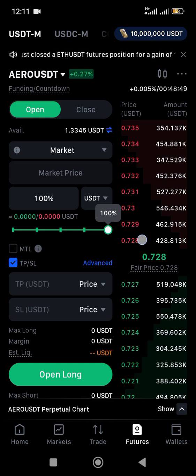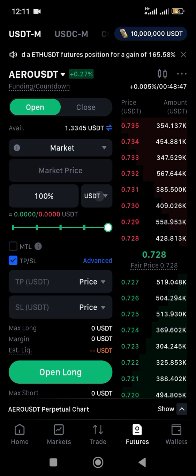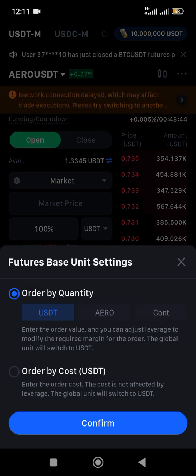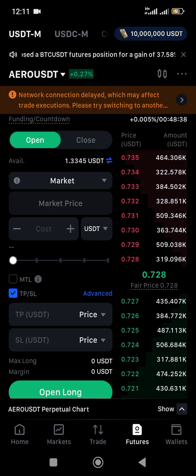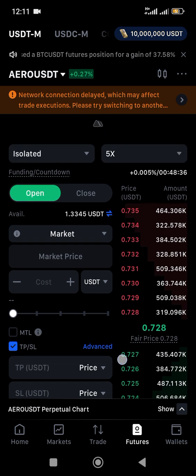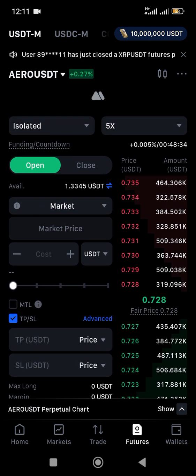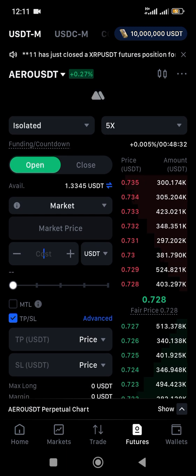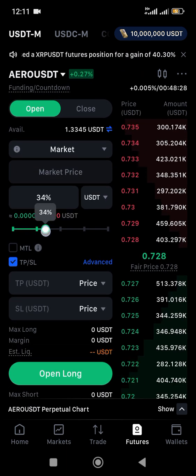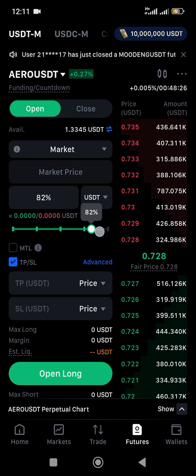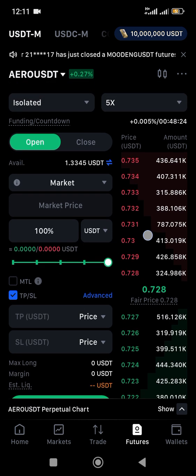Let's assume. Okay, let me change this to order by cost, because the amount I have in my account is too small, so let's just use order by cost.